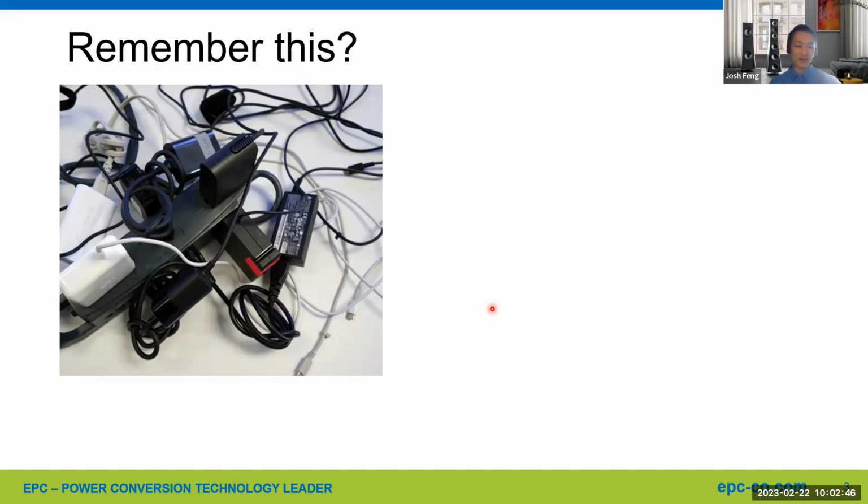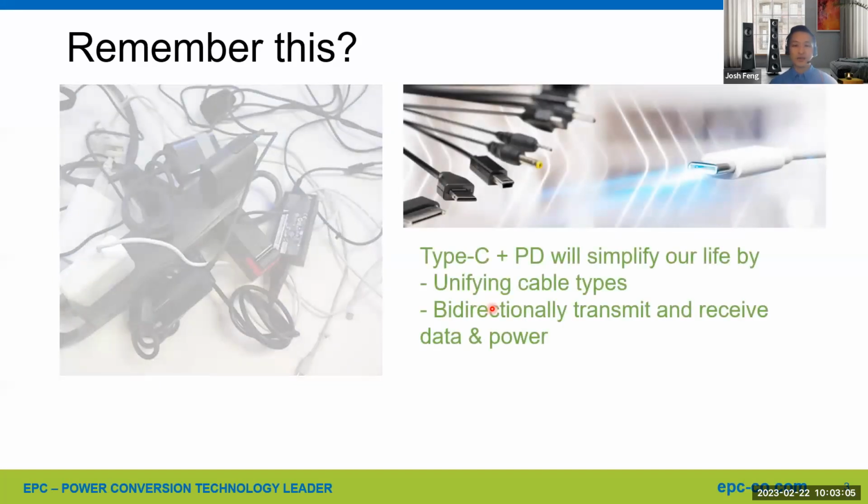I think many of the audience are aware, many of you are using Type C to charge your phone, your laptop, your monitors, etc. The implementation of the USB socket has really been changing very fast in the last 2 to 3 years. As a quick definition, Type C plus PD will really simplify our life. You're unifying all the cable types to hopefully just one type, and bidirectionally transmitting and receiving data as well as power. This is great, right?